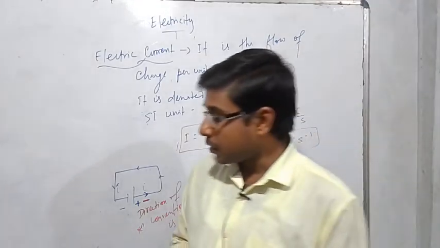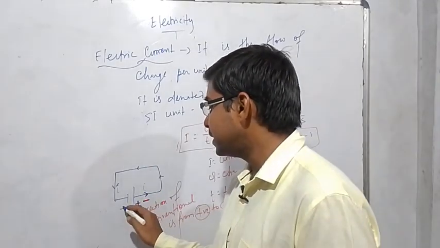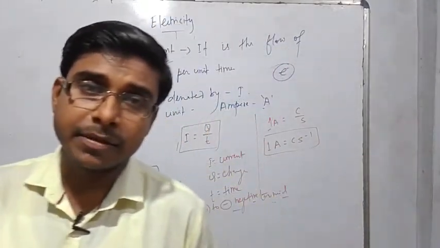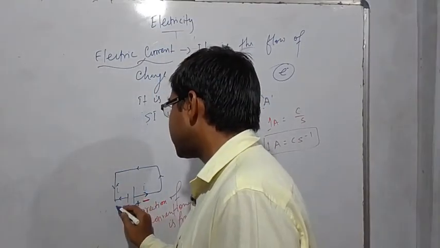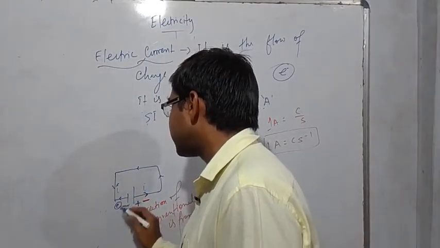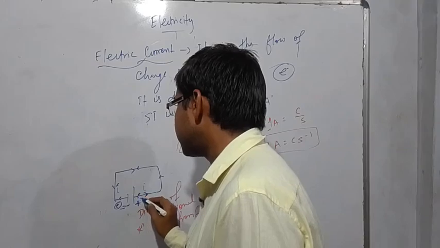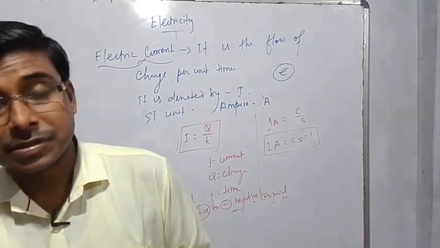In the case of a battery, a source of energy, the negative terminal has more electrons. So the electrons start traveling from the negative terminal and terminate at the positive terminal, which has fewer electrons. That means no such positive charge exists.